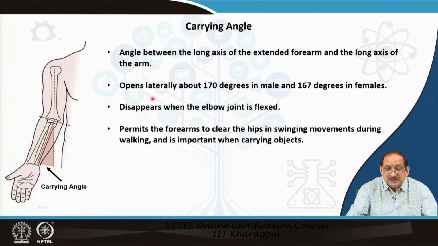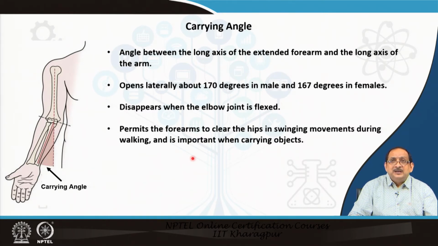It opens laterally about 170 degrees in case of male and 167 degrees in case of female subjects. However, it disappears when the elbow is flexed. So, in a flexed position, the carrying angle disappears. The carrying angle permits the forearm to clear the hips in swinging movements during walking and is important when we are carrying objects.